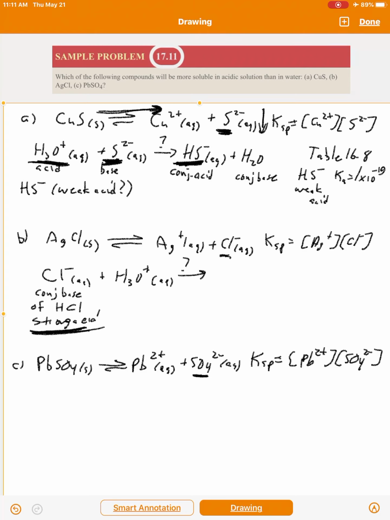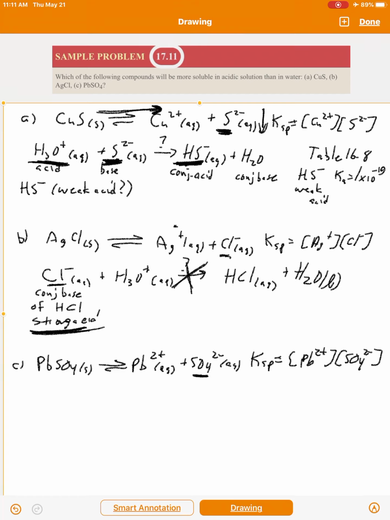Strong acids are not formed by their conjugate bases reacting with hydronium. So we're not going to get the reaction to form HCl and water. In other words, acidifying the solution has no effect.